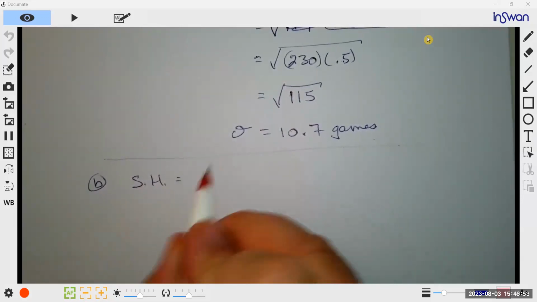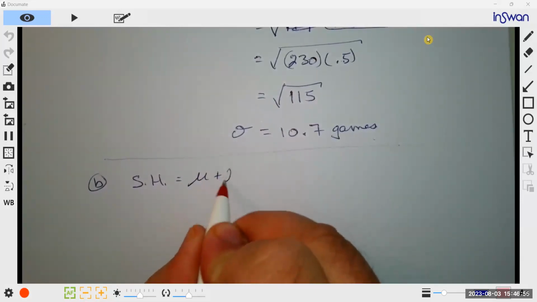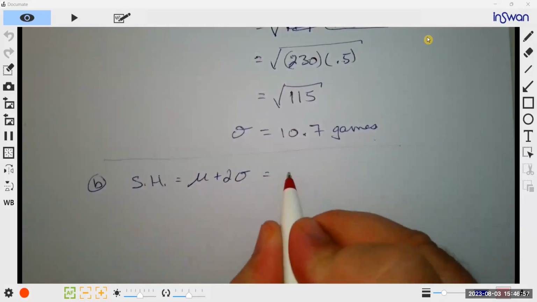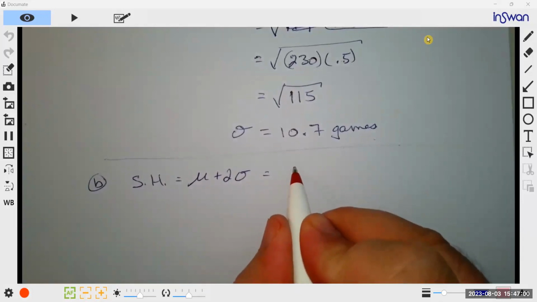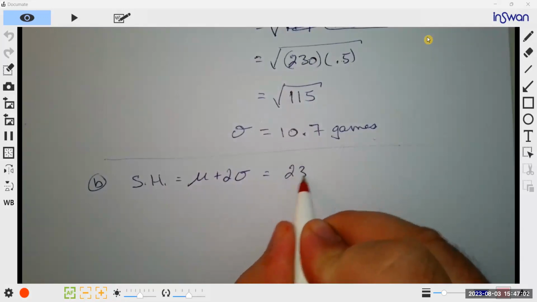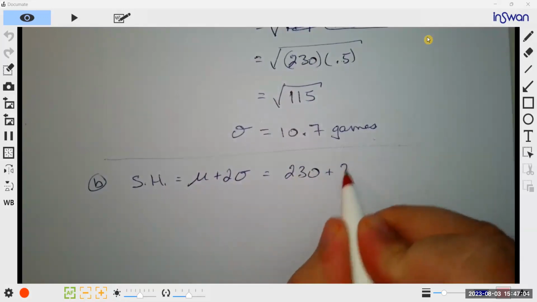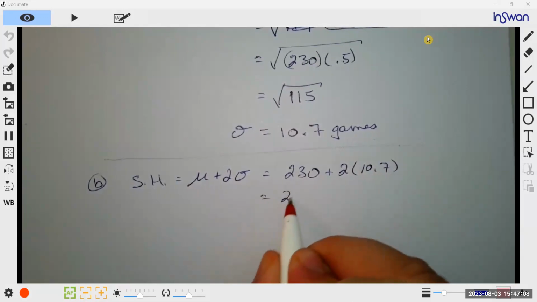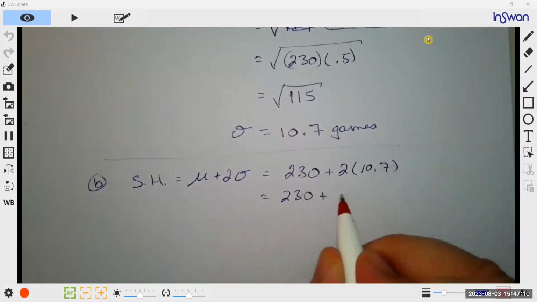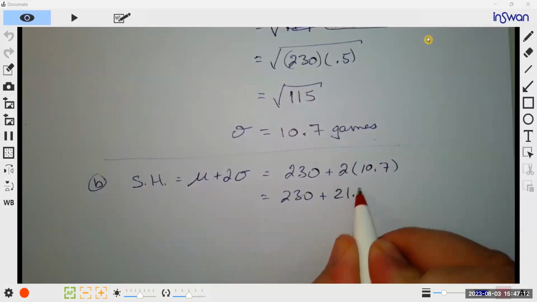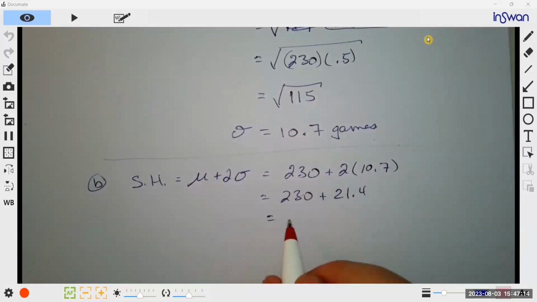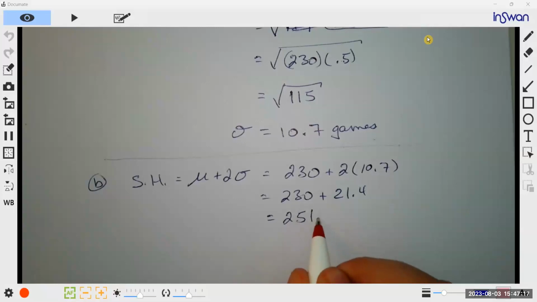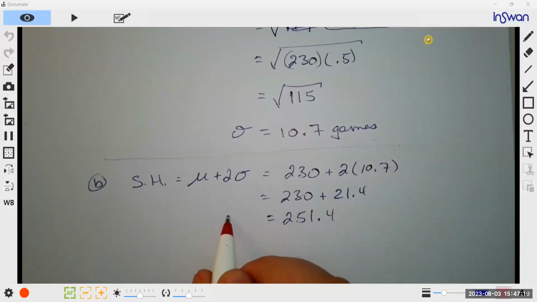Significantly high equals mu plus 2 sigma, which is 230 plus 2 times 10.7, so 21.4, which is 251.4. That's significantly high, anything greater than that.